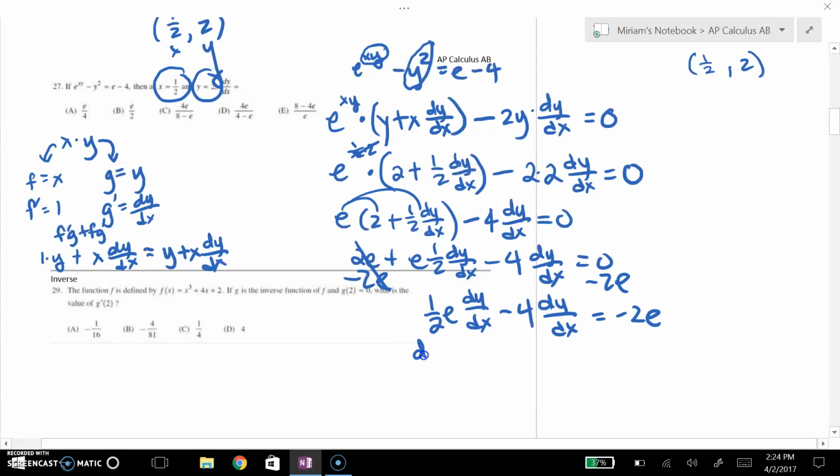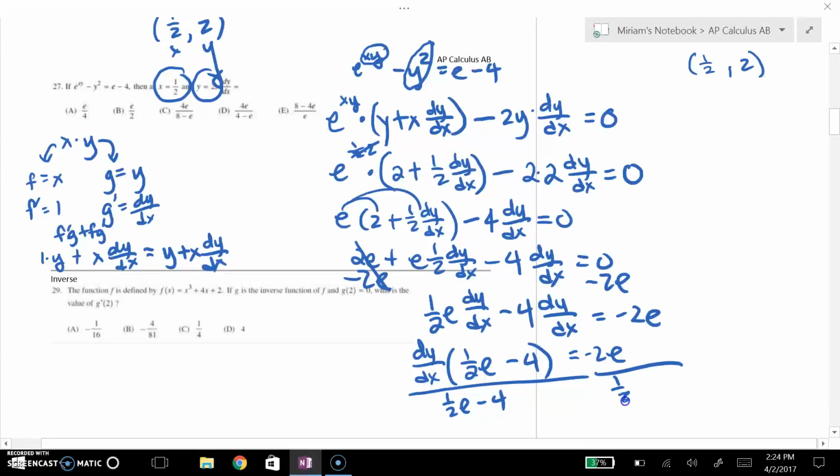I can factor out a dy over dx and divide by 1/2 e minus 4, 1/2 e minus 4. So I know that dy over dx should be negative 2e divided by 1/2 e minus 4. So now my job is to figure out which one here matches my answer.